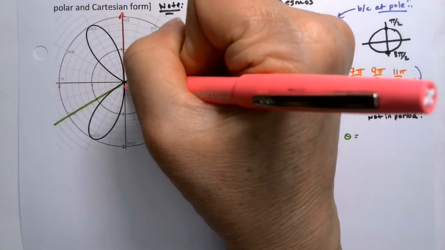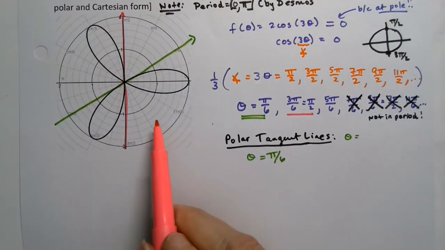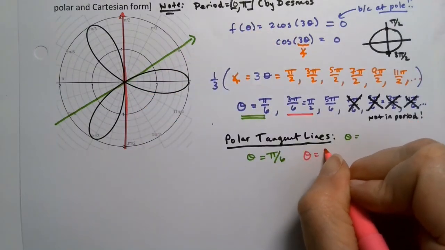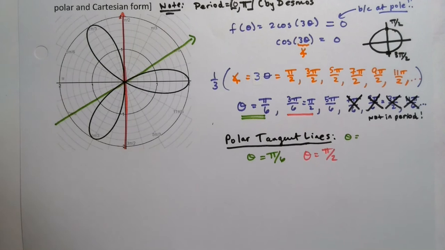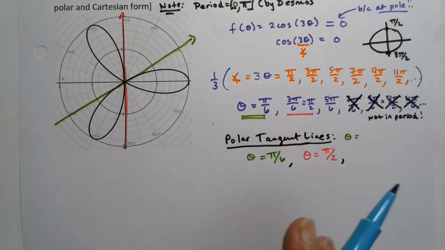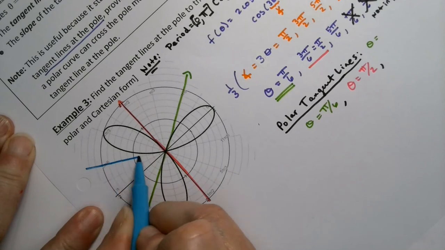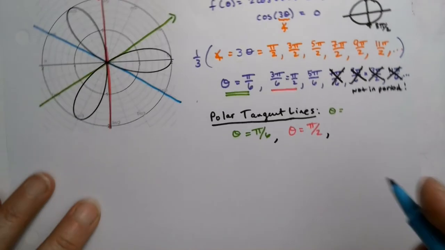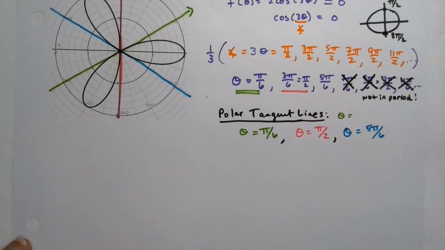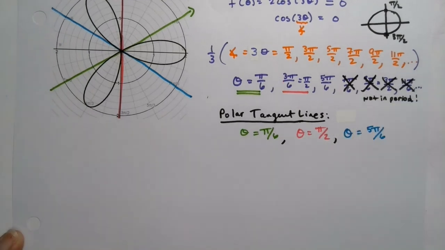And you can see it, right? It kind of cuts through that curve, but it only touches at the pole, right? And last but not least, theta equals 5 pi over 6, which is this line right here. There we go.